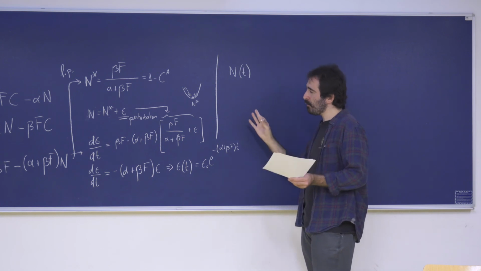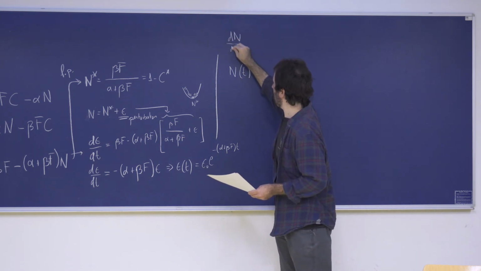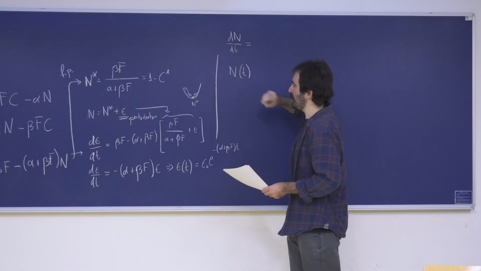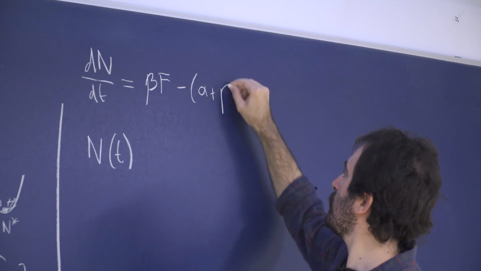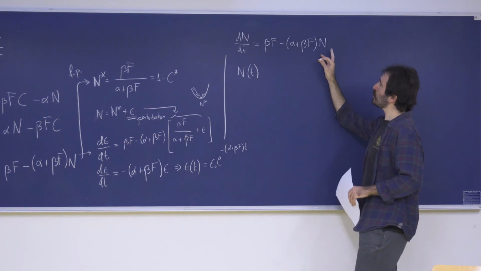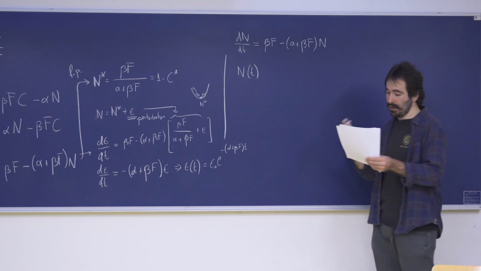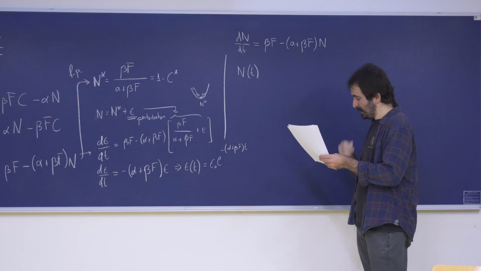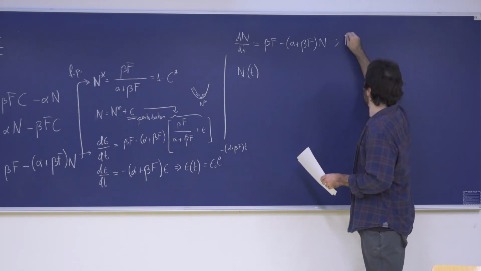Again, very briefly, what you have to do is start with your equation, which I'm writing here for the nth time, bf minus alpha plus bf times n, and solve this equation by separation of variables, considering some initial conditions.